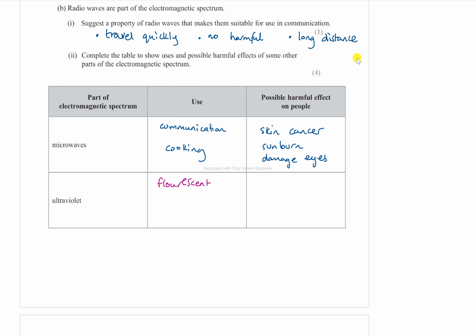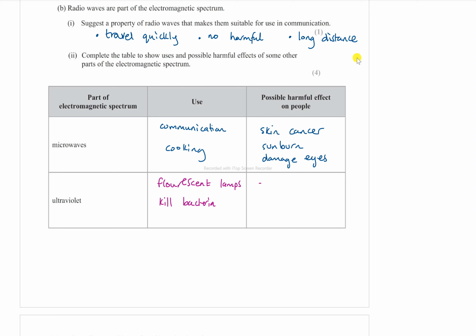It can be used to kill bacteria, kill microorganisms, in filters. Right, what are the possible harmful effects?